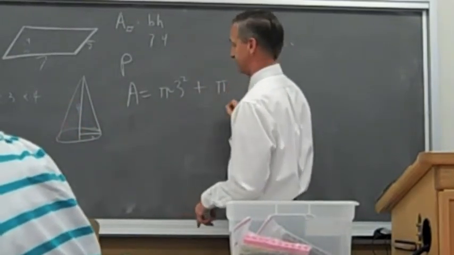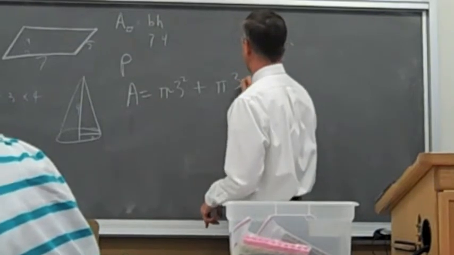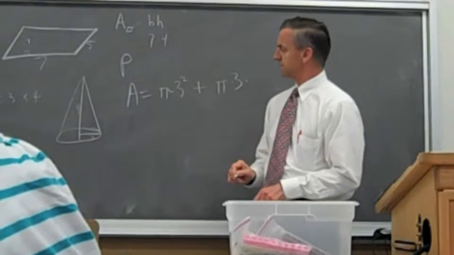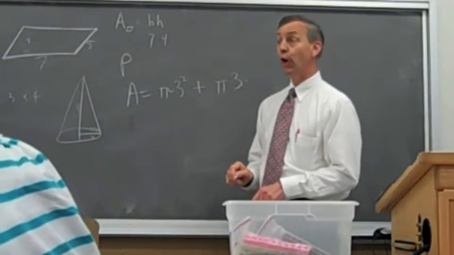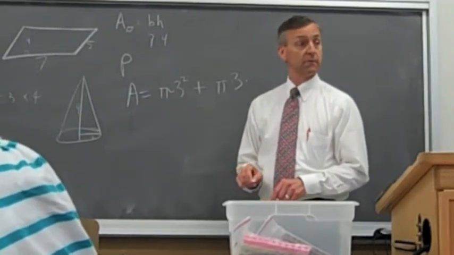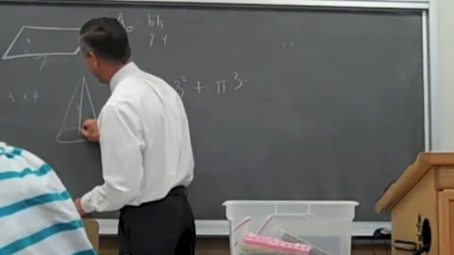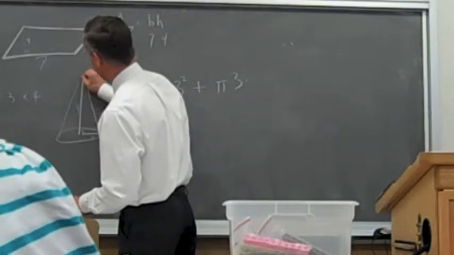Pi, what's r? 3. And what's l? 5. Sorry. Is L 4? Is the 4 the height of your cone? It is. So then 5 is your lateral. 4 goes from the center on up.